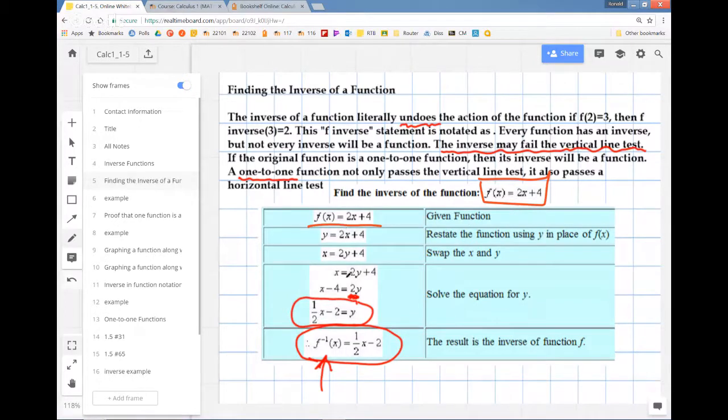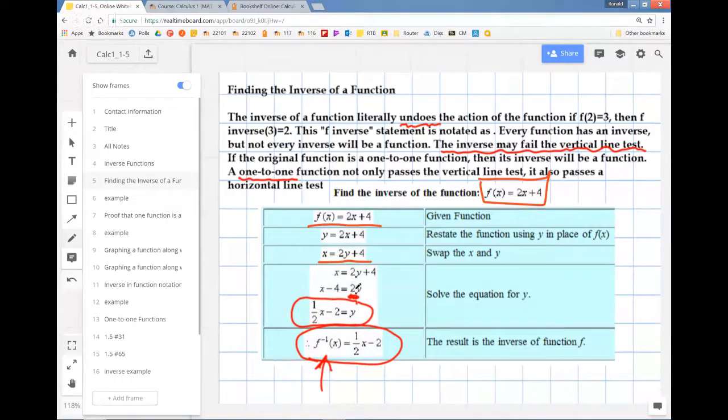So here we go. We've got this function, 2x plus 4. Remove the f of x and write it as a y, and then literally swap the x and the y. So x equals 2y plus 4, and then go about the algebra of solving for the new y.